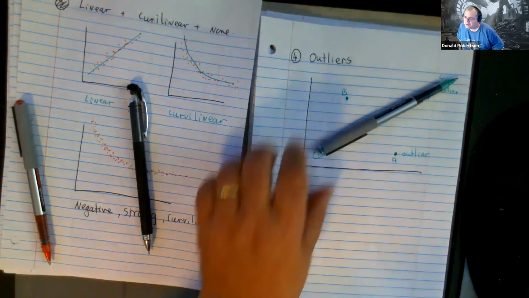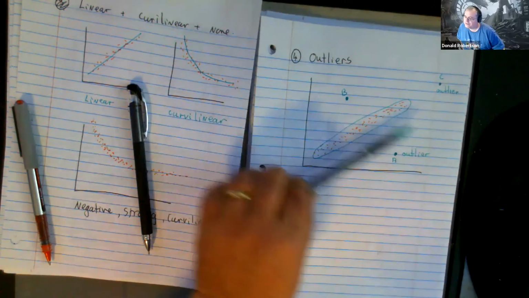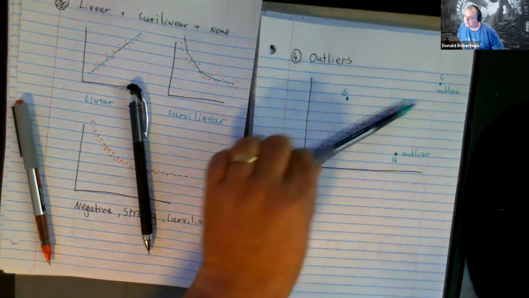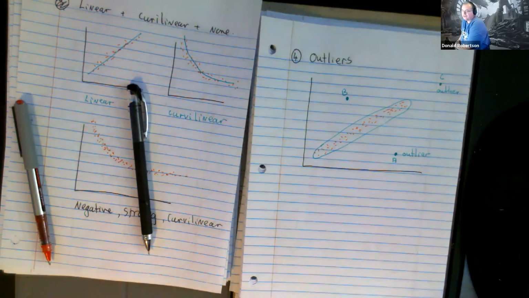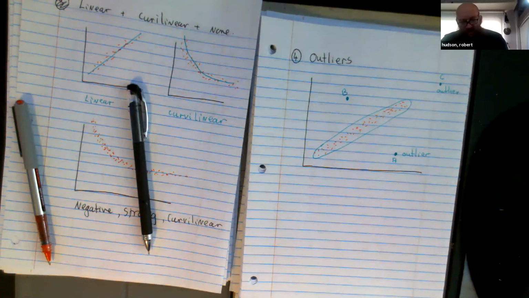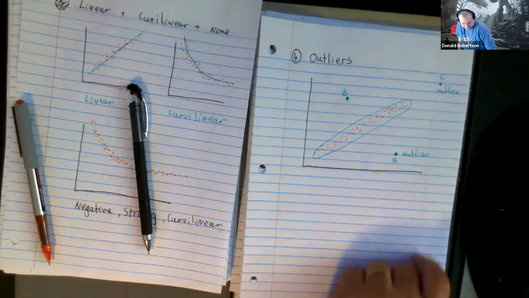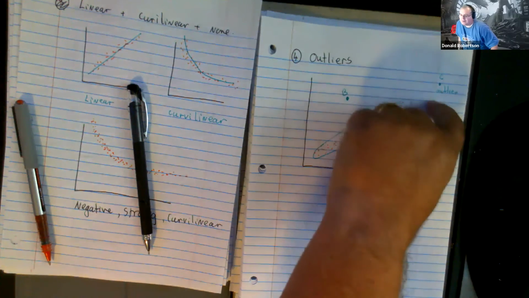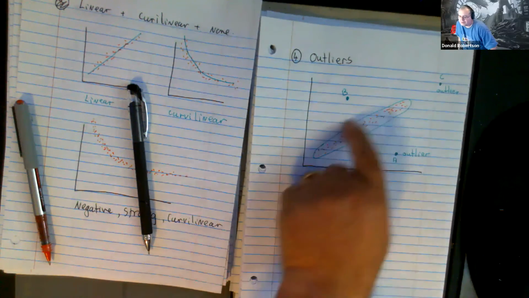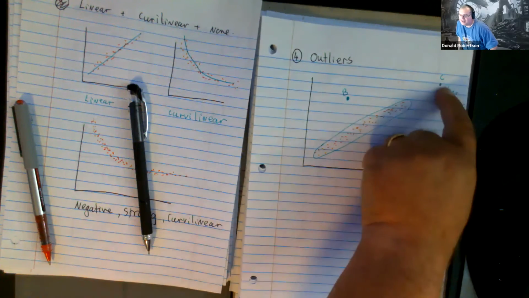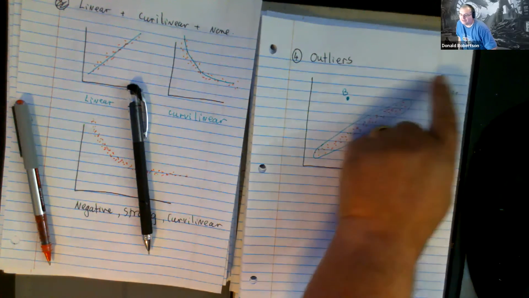My pen's covering it. Agreed? Wouldn't C be in the same line roughly as the rest of the data's pointing? But why is C still counted as an outlier? Because it's still far away from the data. Yeah, you see that nice gap there? One of the reasons I like my sausage, it helps me visualize the data, but doesn't it also help you visualize separation?